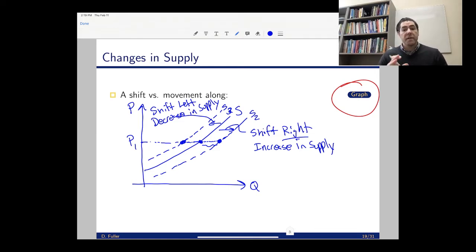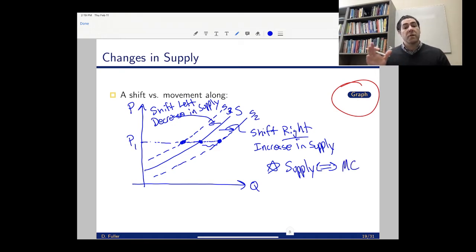Now, one thing that will help you to understand this and also to know whether a particular change will affect the supply curve is to remember that intuition we developed, that the supply curve is the marginal cost curve. So supply is exactly the same thing as marginal cost.